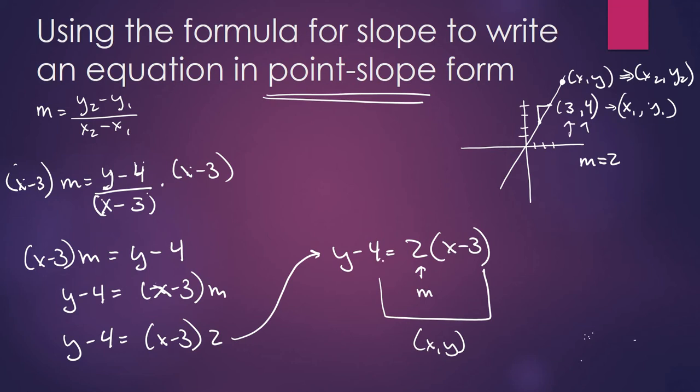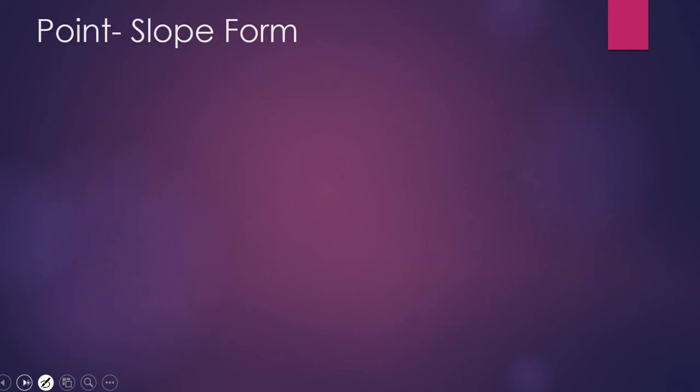So please note that this and this are the xy points. The 3 is in the x position, the 4 is with the y. We'll talk about this more in just a second. So this is an example of an equation in point-slope form.